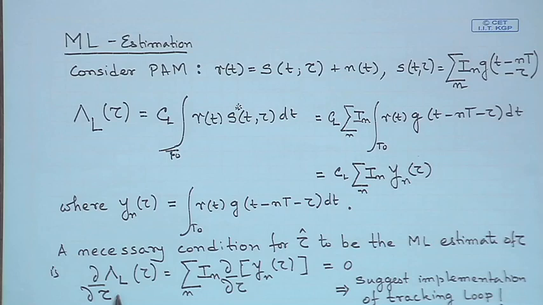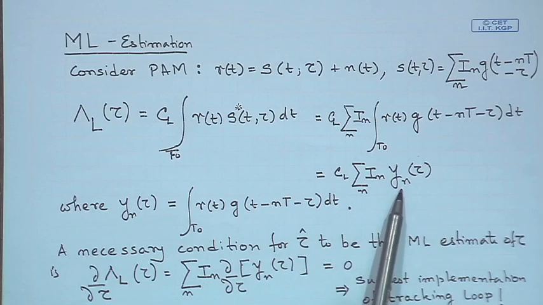We take the derivative of the log likelihood function, set it to 0, and we assume that the parameter gets the perfect value, feed it into the expression, and the whole expression should be equal to 0 when the parameter takes the optimum value. So, that is what we have. We have taken the first derivative. From this, we removed C_L because when we set it equal to 0, it is no longer required, assuming it to be non-zero.